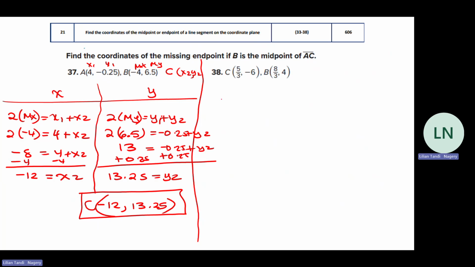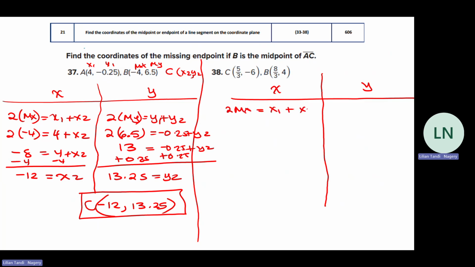Okay? All right. So then you do the same thing here. You do your x's, you do your y's. You have 2mx equals x1 plus x2. You have 2my equals y1 plus y2. 2mx. mx is 8/3.